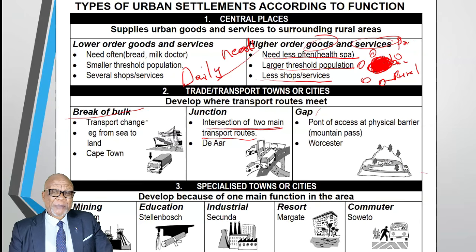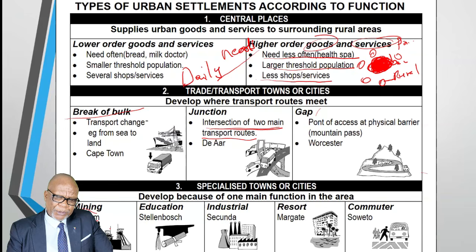And then we have what we call specialized towns. There are many towns developed because of a number of factors. Number one, we have mining towns like Welkom. It developed mainly because of the mine. Then you can also look at Johannesburg. Its origin is why it's called Gauteng, a place of gold.